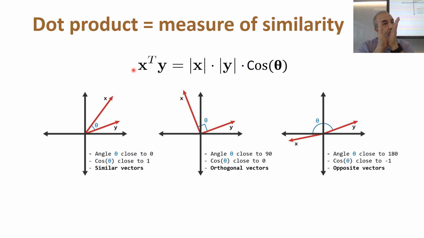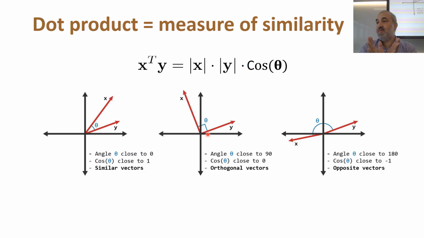If they are close to each other, they are very similar in values, so the dot product would be a large number. If the angle is 90 degrees, they are orthogonal, which means they are independent, so the dot product in this case would be 0.